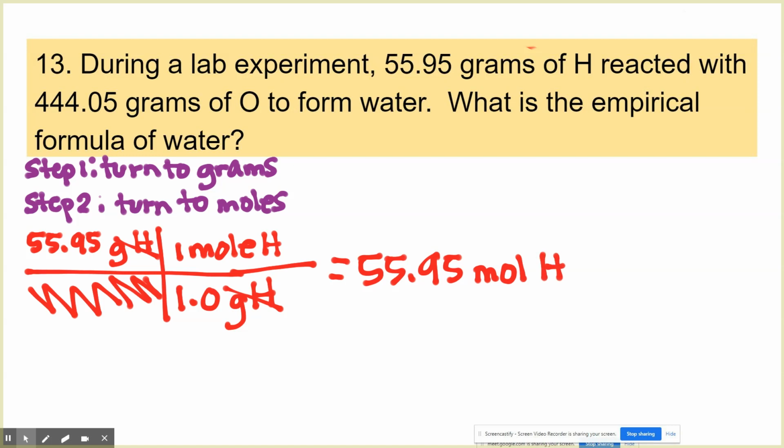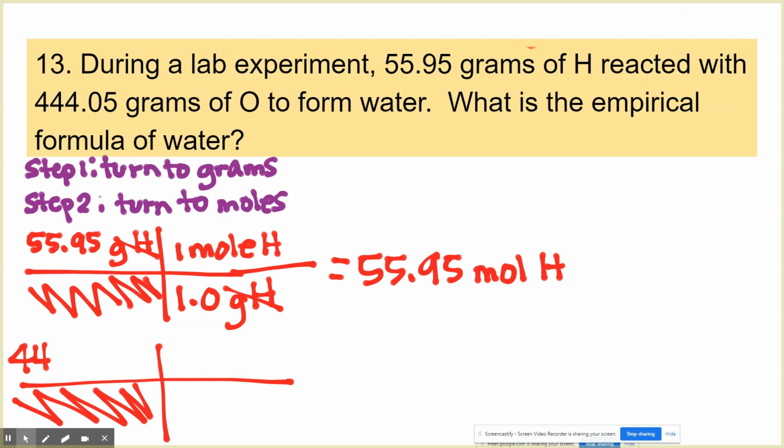All right. Let's do the one for oxygen. So same thing. Draw those grids. Nothing goes underneath here. The given goes in the very first top box, which is 444.95 grams of O. Right? We're going to round off.